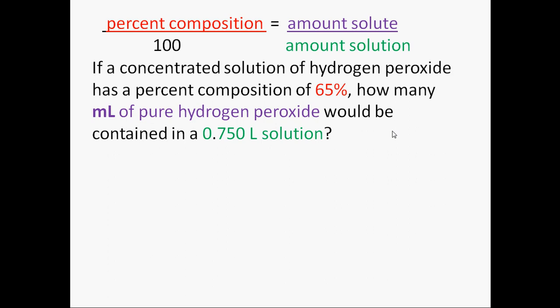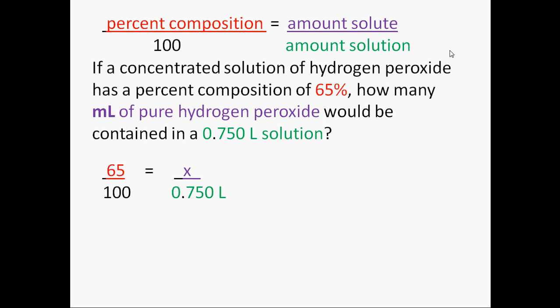So let's go ahead and fill in the things that we know at this point. So I know my percent composition is 65. I know that I have 0.750 liters of solution, and I'm trying to find the amount of solute that's being poured out. So I'm going to plug everything in there, all right?